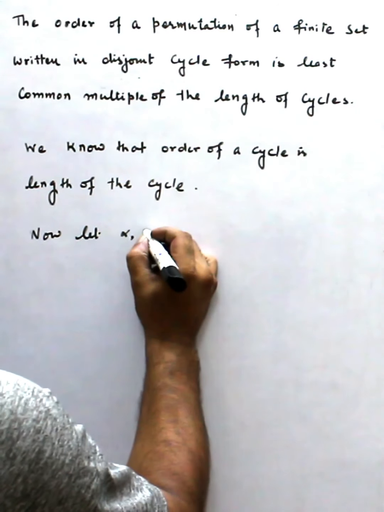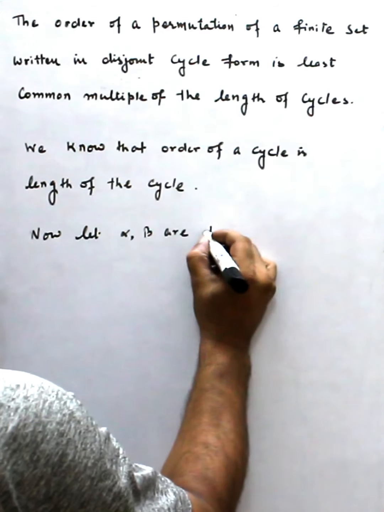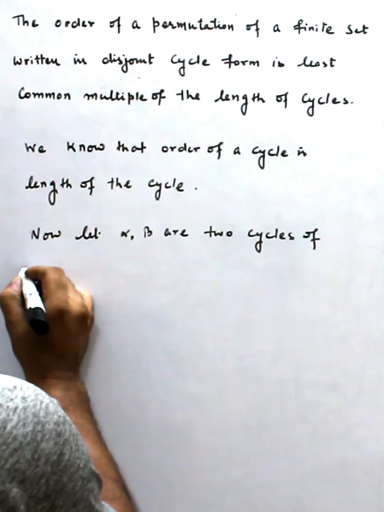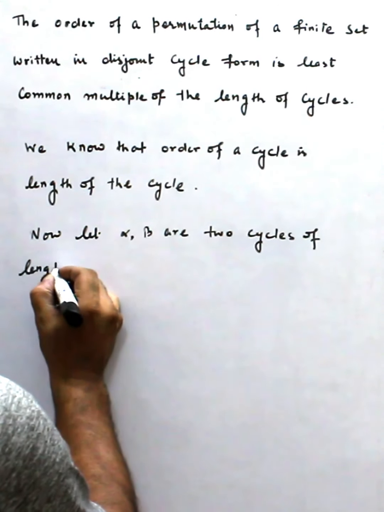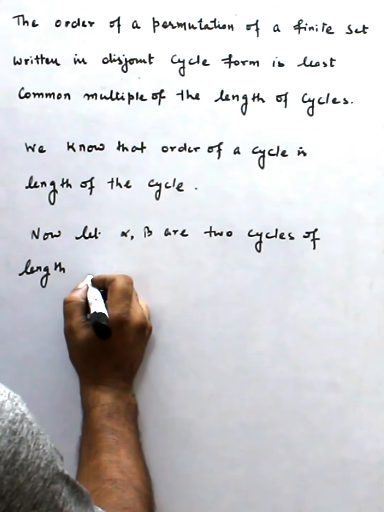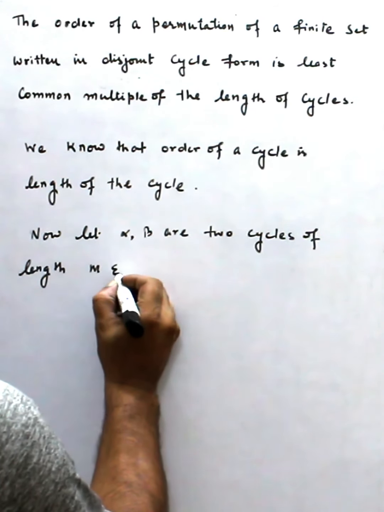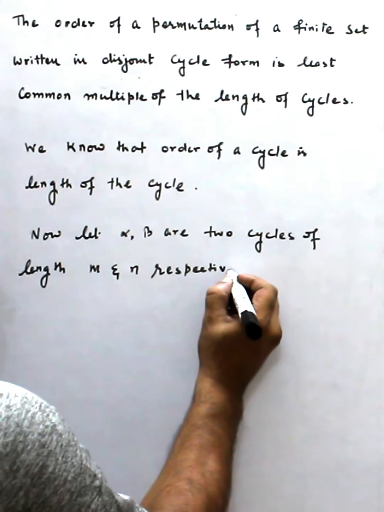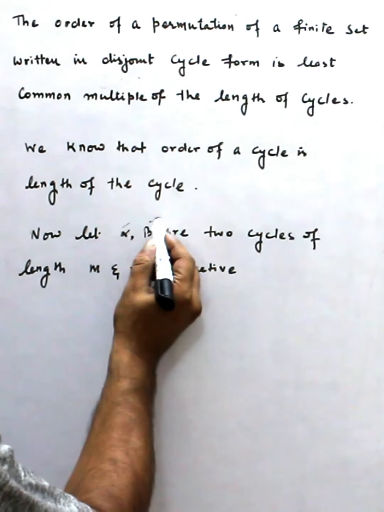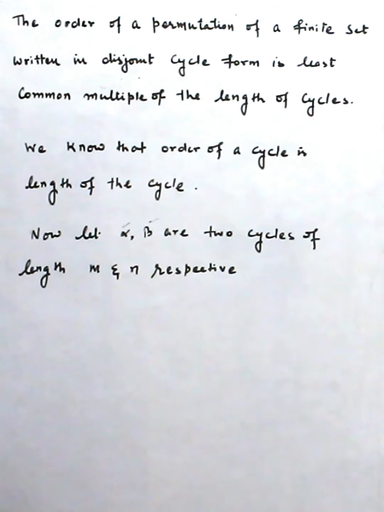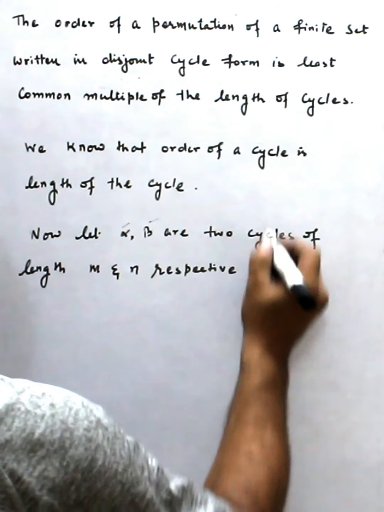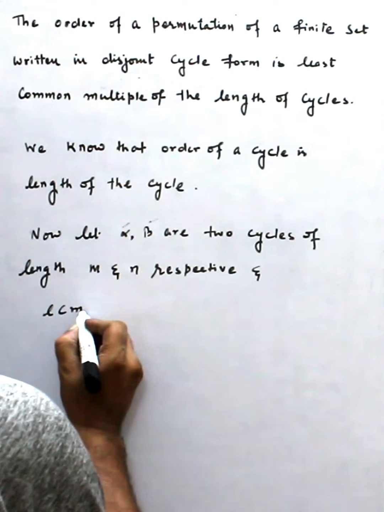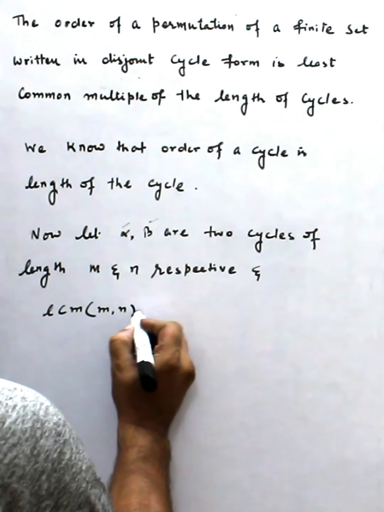So now let alpha and beta be 2 cycles of length m and n respectively. That means the length of alpha is m, the length of beta is n, and take k to be the LCM of m and n.